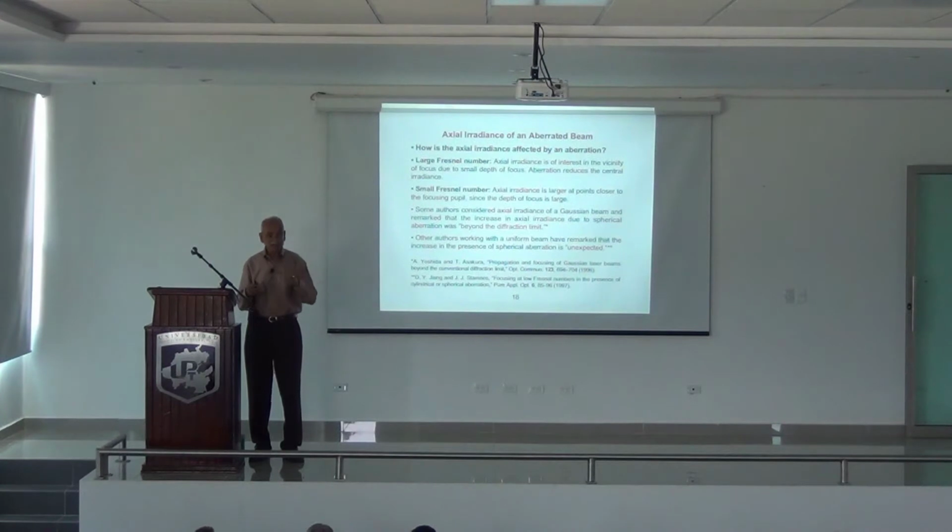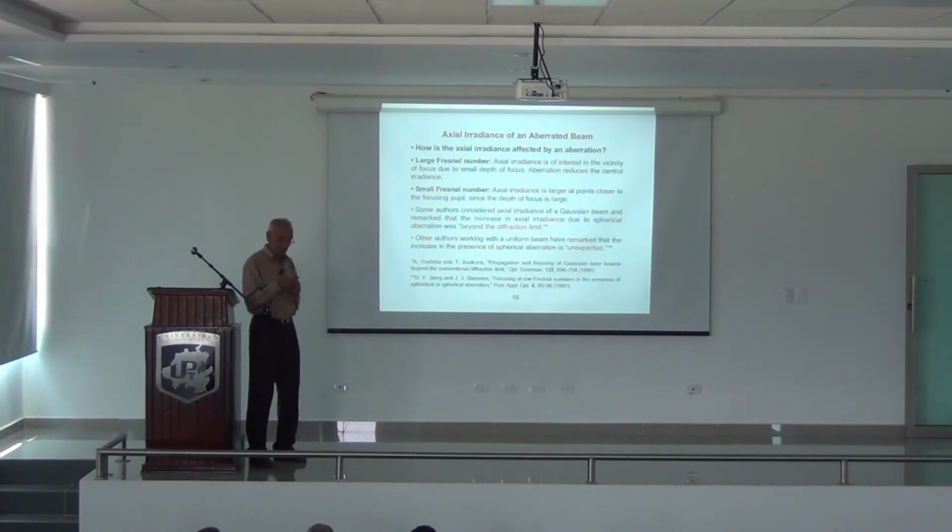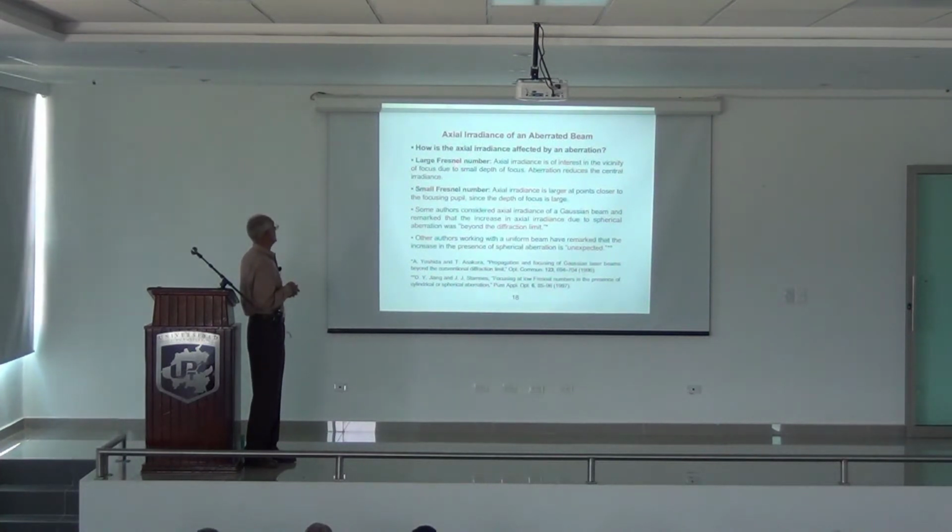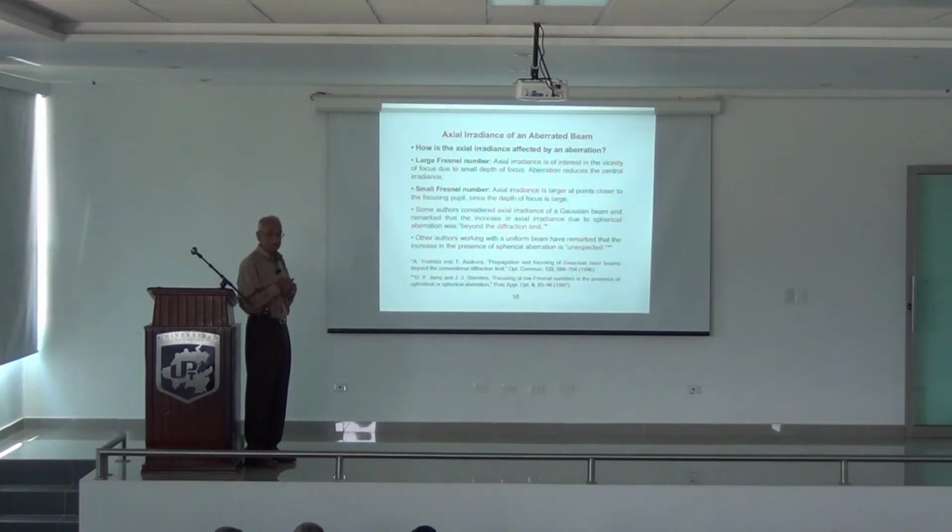But as observed from a point at a distance z other than r, the beam is not perfect, even though it has a spherical wavefront. For large Fresnel number, we already said the inverse square law dependency is negligible. For small Fresnel numbers, axial irradiance is larger at points closer to the focusing pupil, meaning z less than r.